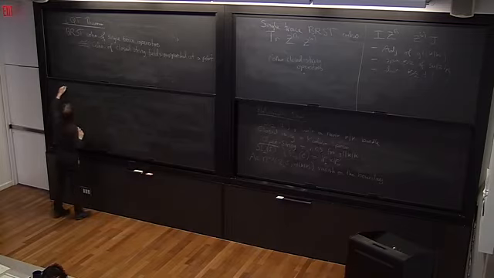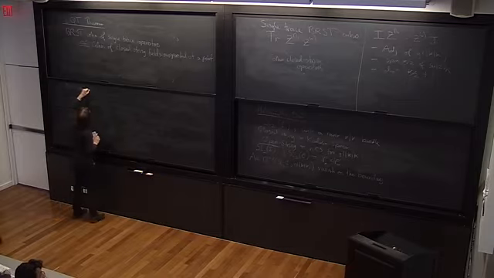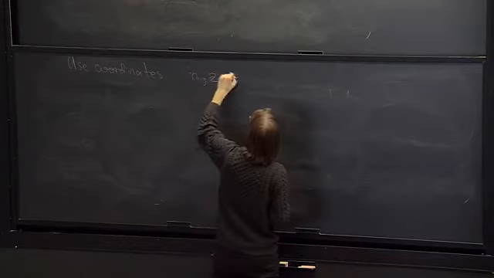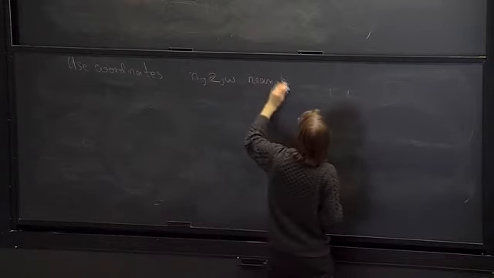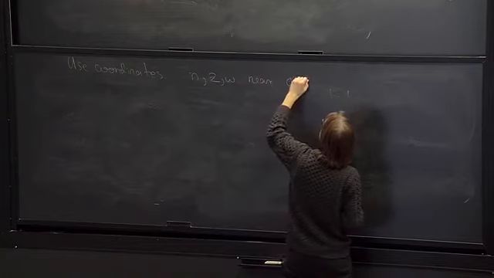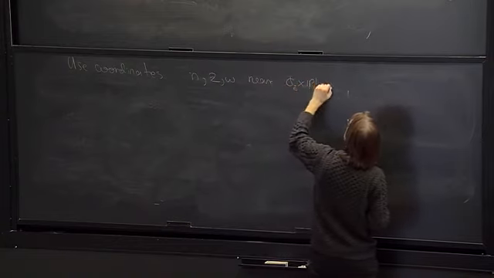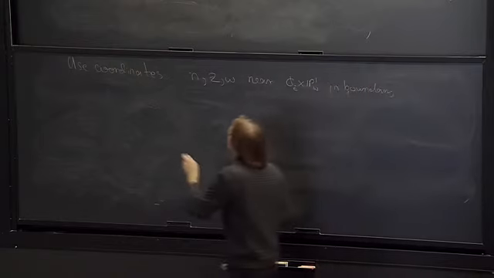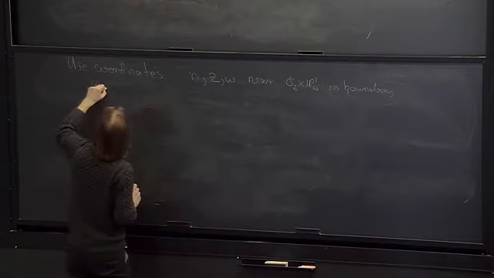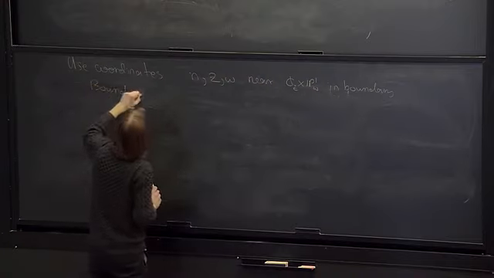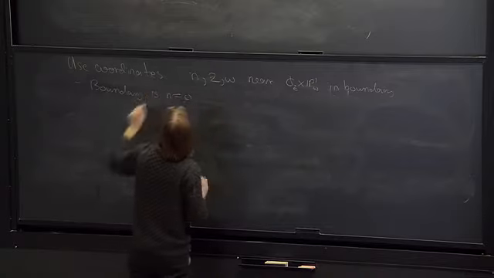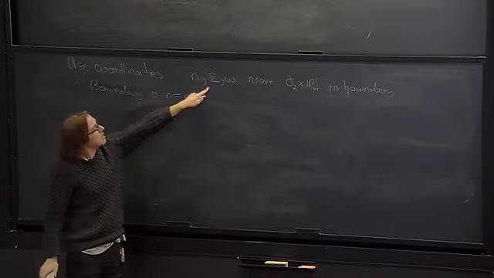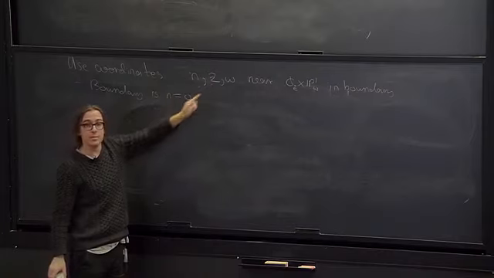So we can use coordinates n, z, w near the boundary, near, say, C inside of P1, where the boundary is n equals 0. And unfortunately, you can't use coordinates where this function z is holomorphic.